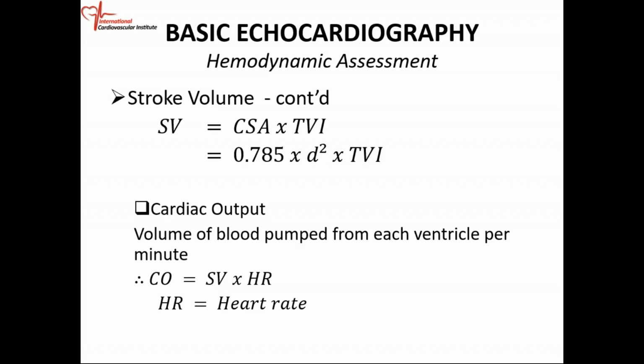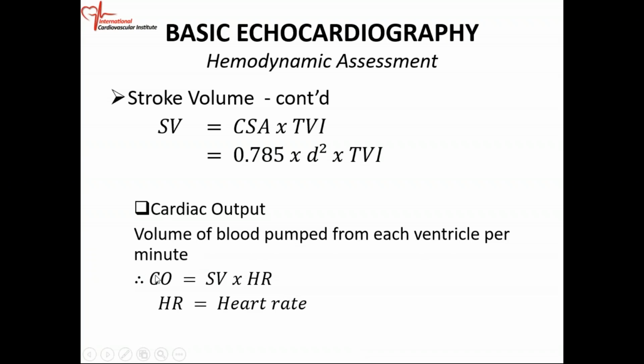Stroke volume is the volume of blood that the heart pumps out per beat. To get the cardiac output, which is the volume of blood that the heart pumps out per minute, all you do is multiply your stroke volume times the heart rate. So if the patient has a heart rate of 60 beats per minute or 80 beats per minute, you multiply your stroke volume times the heart rate and you get the cardiac output.